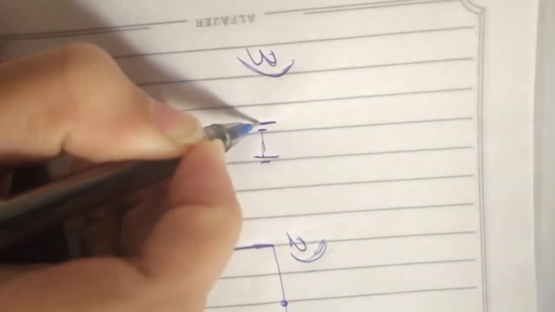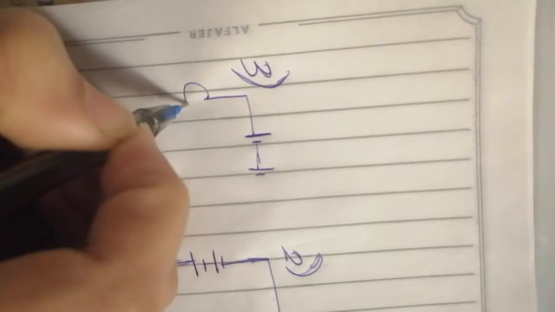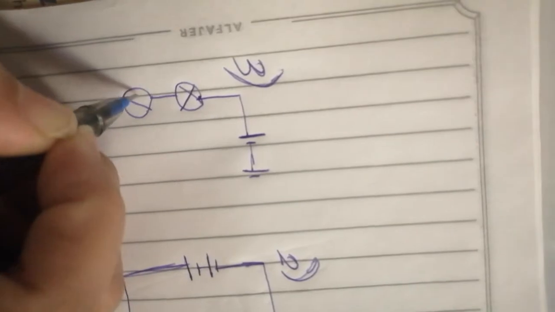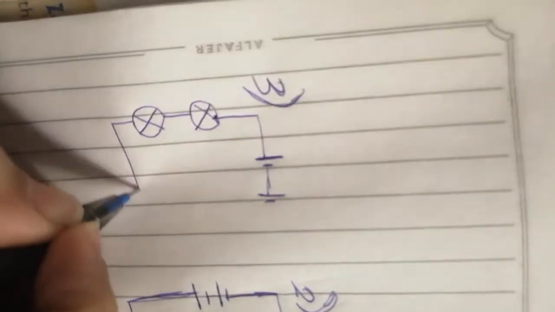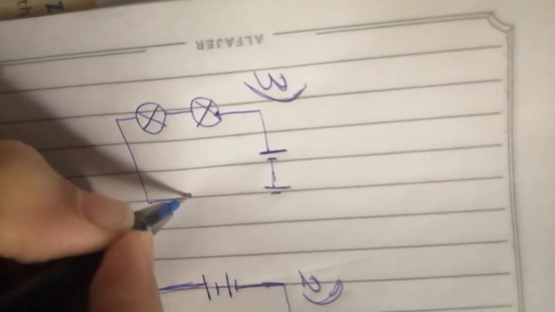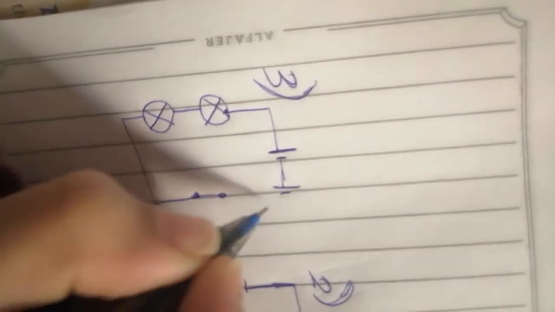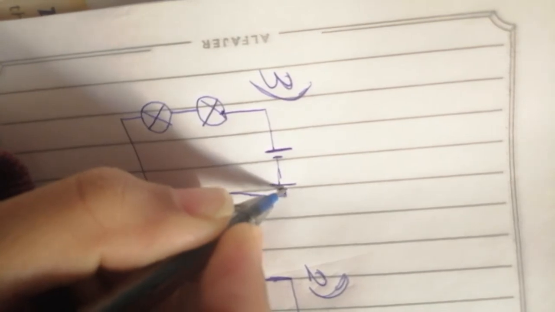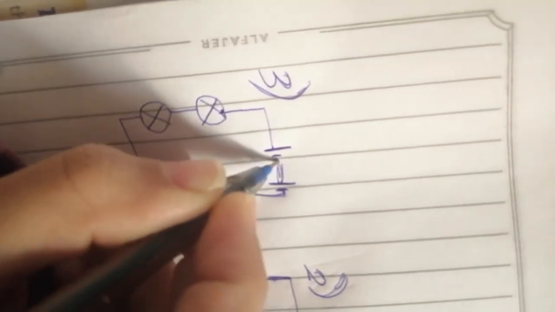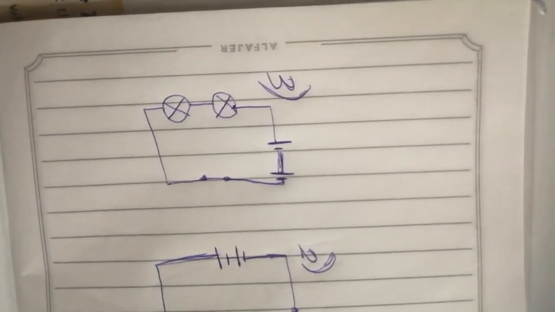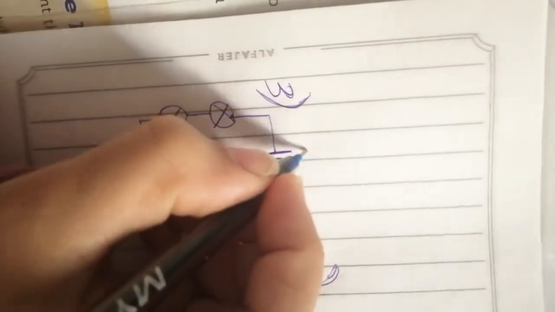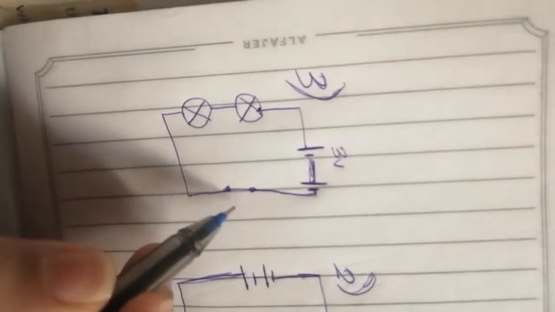And then we need 2 bulbs, so this is 1, and this is 2, and a closed switch. Okay, so you draw it like this: 2 light bulbs, a 3-volt battery, and a closed switch.